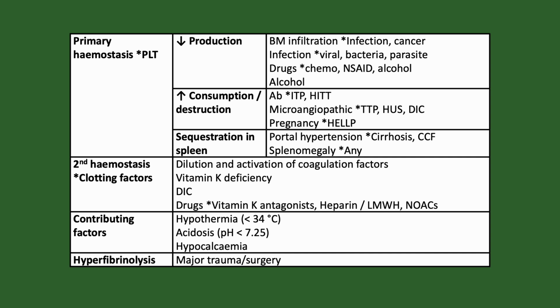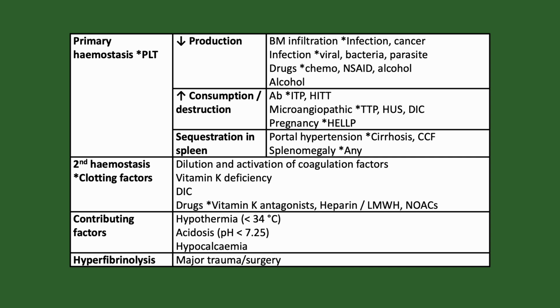Primary haemostasis could be affected by reduced platelet formation due to bone marrow infiltration, infection including sepsis of any cause, drugs and alcohol; increased consumption of platelets due to ITP or HIT, and also microangiopathic states, TTP, HUS, DIC, in addition to pregnancy-related factors. Another cause is the sequestration of platelets in the spleen due to portal hypertension of any cause, for example cirrhosis or CCF, and splenomegaly of any cause.